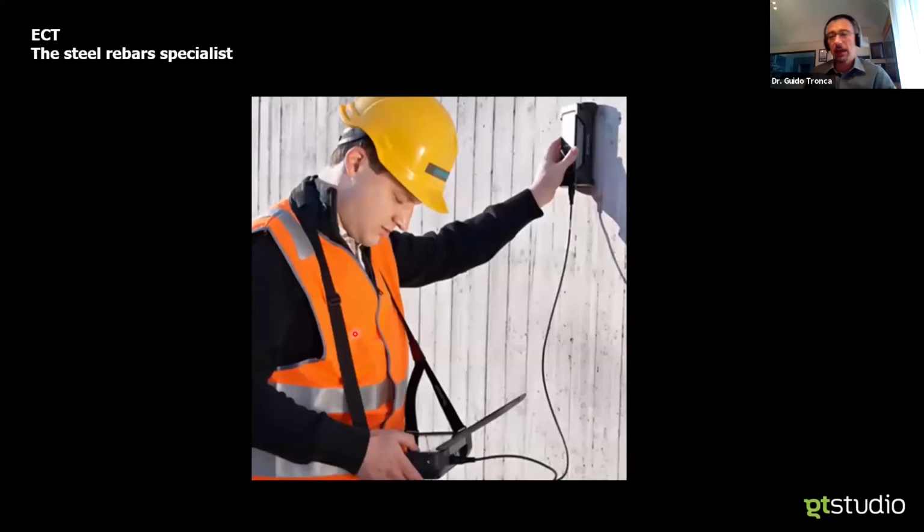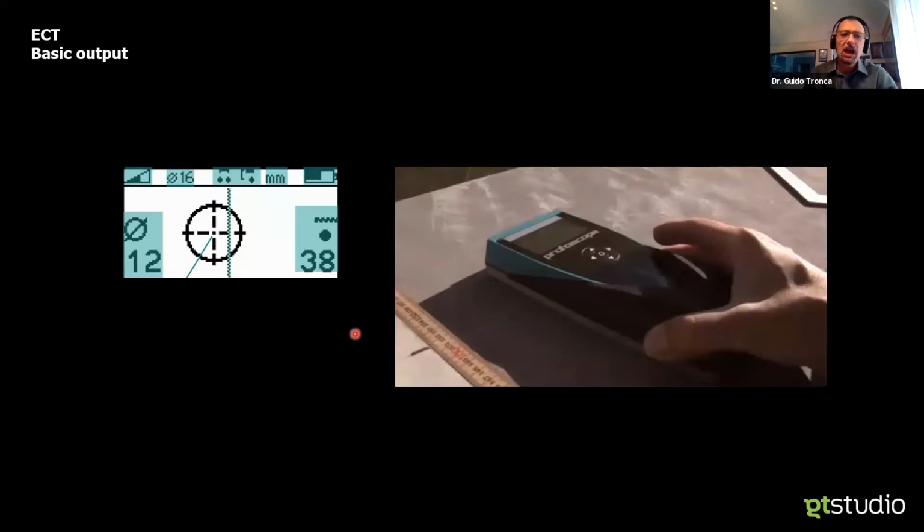Let's start with, first in order of appearance, something that's been on the market since the early 70s, I would say. No comparison between what those instruments could do then and what they can do now, but still, it's very often the number one instrument that every inspector has in their arsenal.